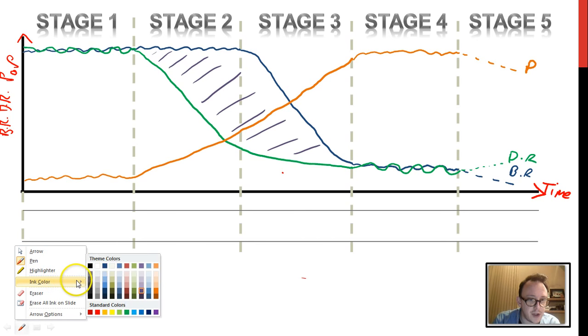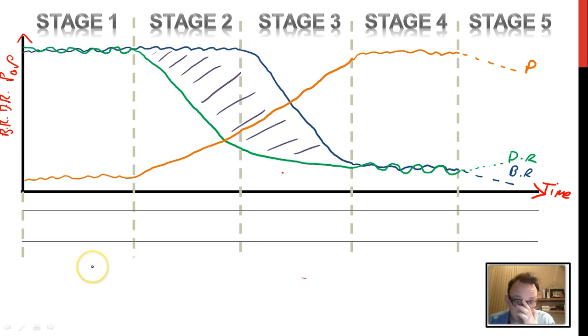So if we just write in the shaded area, natural increase, or NI if you want to abbreviate it. If you're writing down the abbreviations, make sure you, somewhere on your page as well, write down what they actually stand for so you don't forget.